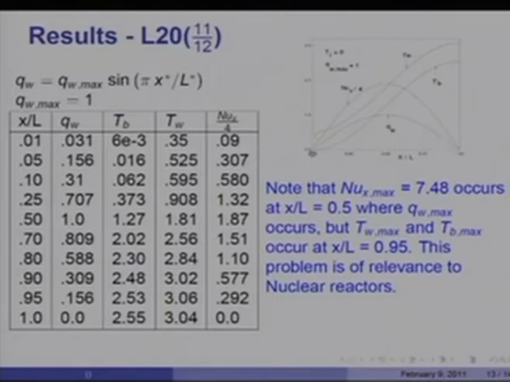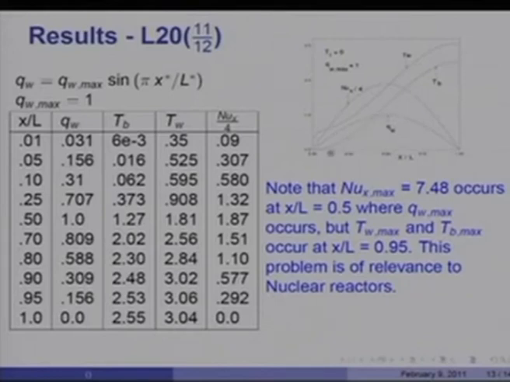T bulk starts off with 0 at the inlet, because that is where the fluid enters at inlet fluid temperature, and then it begins to rise. It is not a linear rise, although in the central part it is linear, where q wall is nearly constant, and therefore T bulk varies more or less linearly in that part.